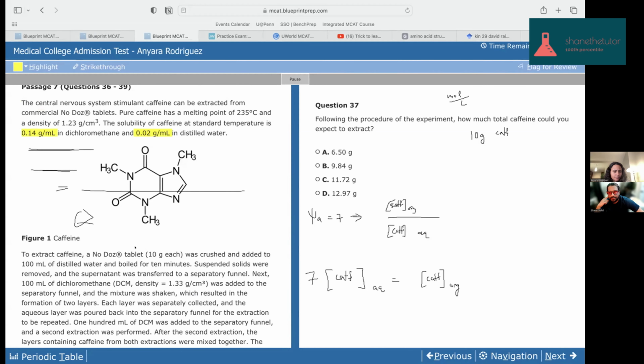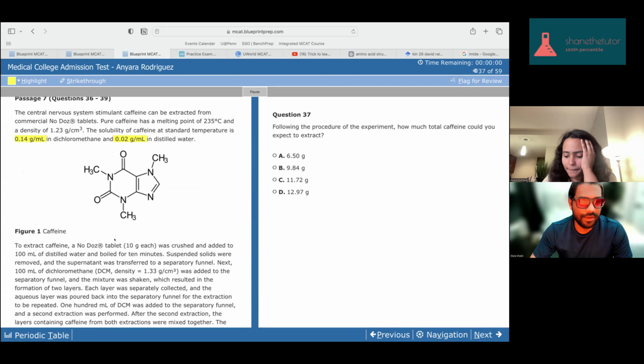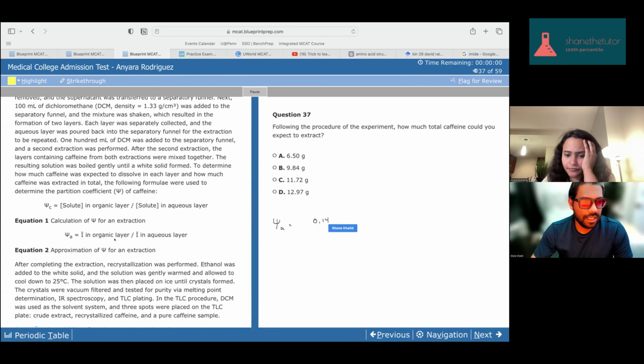Then for the 7, okay, let me try. I'm going to try this fresh. So we can have this being equal to, because I realize this may not work.